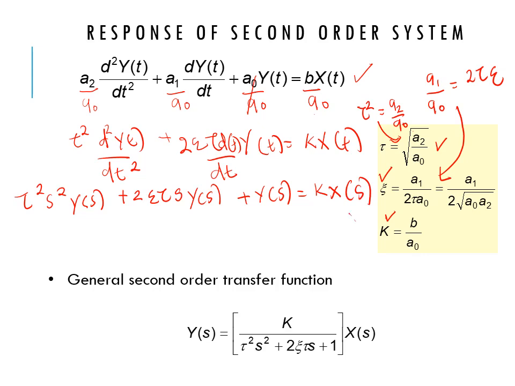Rearrange this equation, then you will get the general second order transfer function: Y(s) equals K divided by tau squared s squared plus 2 lambda tau s plus 1, times X(s). So the term in the bracket is the second order transfer function in standard form.